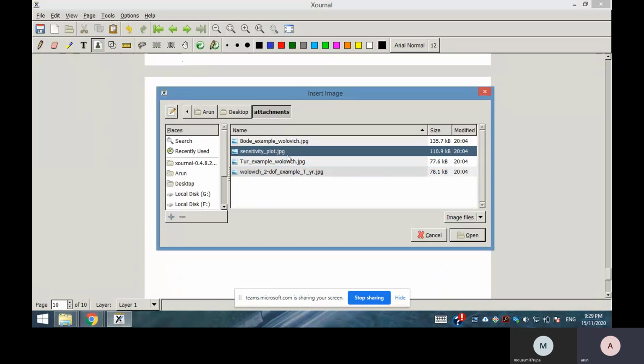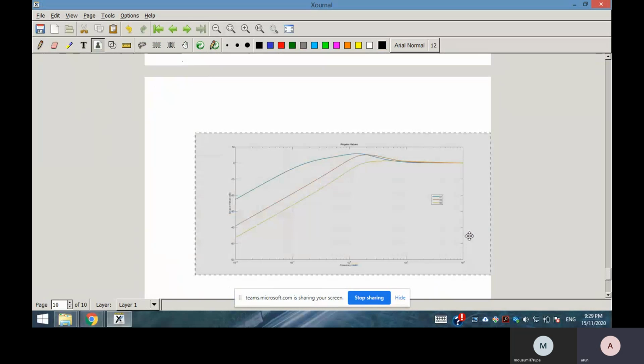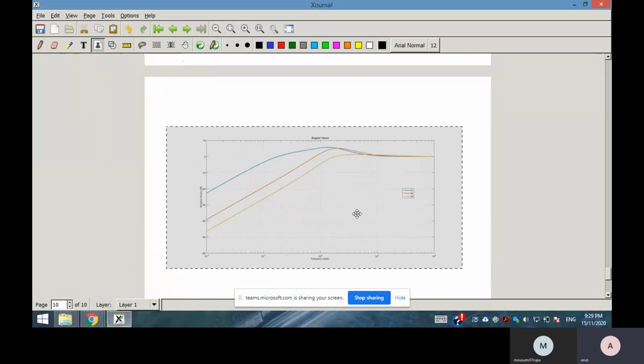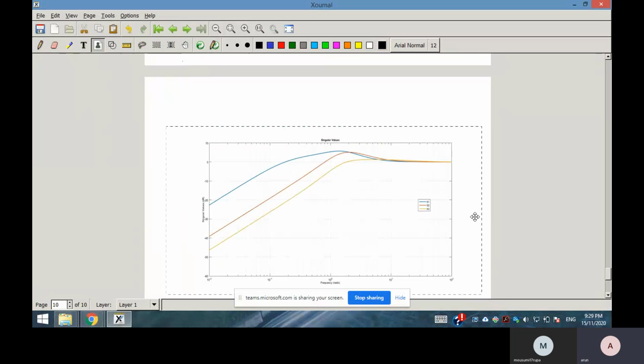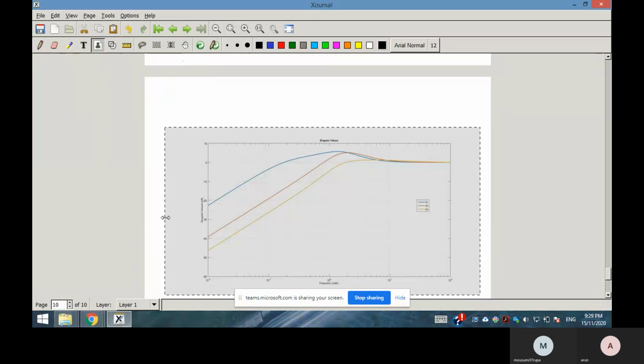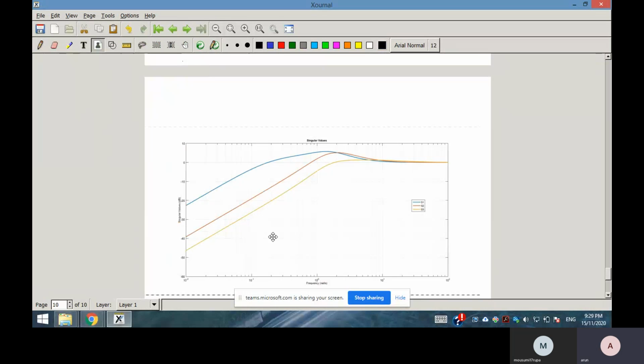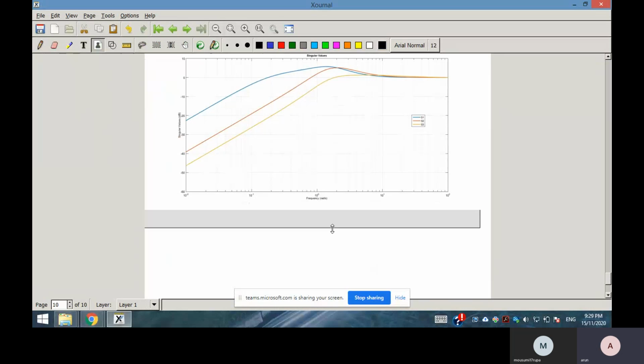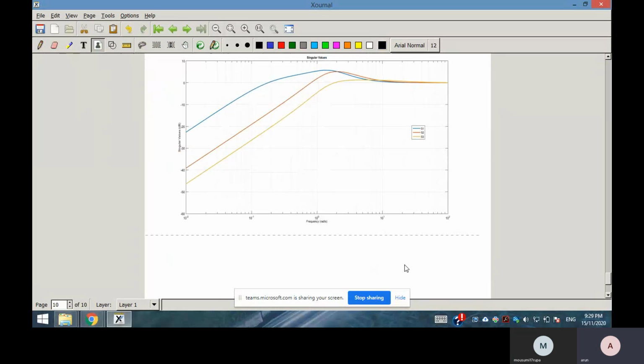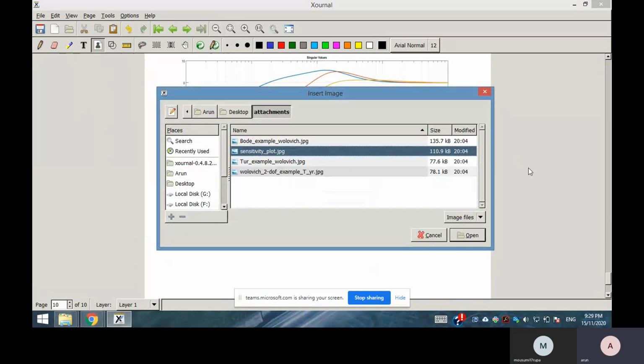So for sensitivity, I will plot, and then I will also plot the loop, then I will explain. This is the sensitivity plot, and then I will plot the loop also.